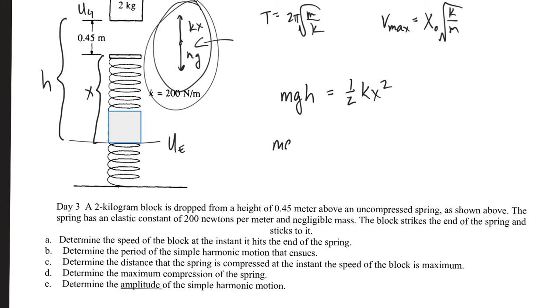So mgh is going to be mg times (x plus 0.45) equals 1/2 k x squared. This is a quadratic, and there are two answers here as well. If you want the answer, you'll need to solve this for x.